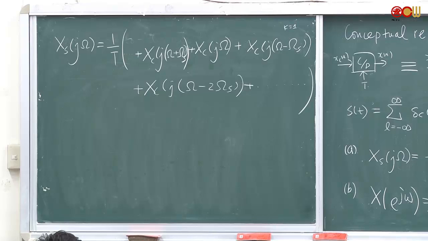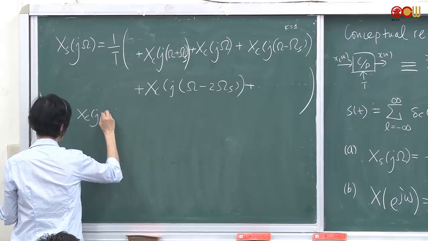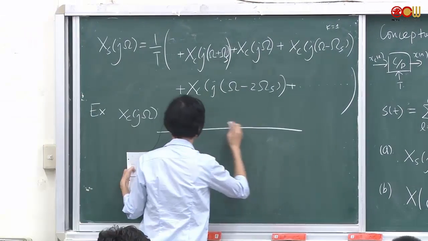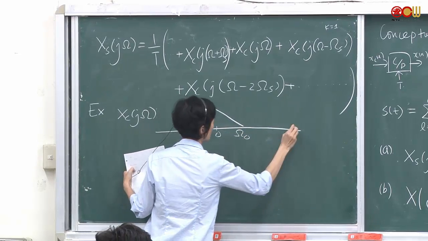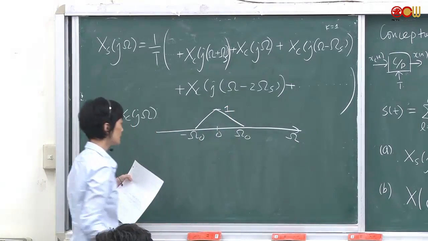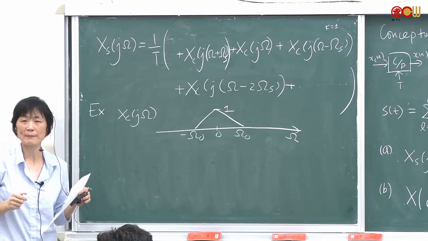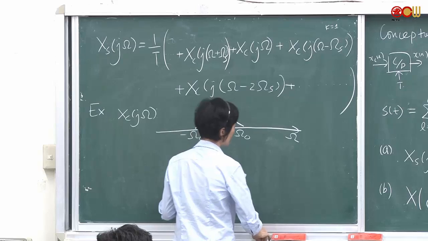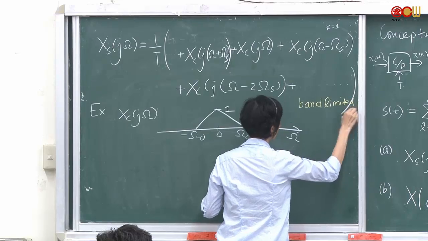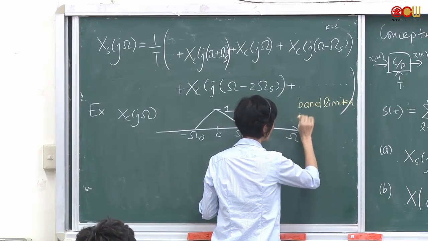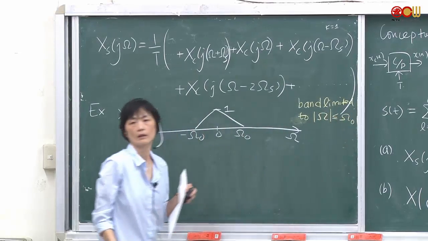Now let's use one example to see. Let's say that X_c is a signal like this, with extent from −ω_0 to ω_0. For such a signal, we say it's band limited, meaning ω less than ω_0.